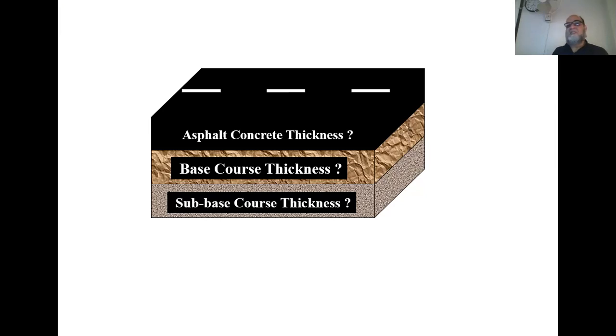Sometimes you have asphalt concrete laid directly on the aggregate base. It means the load is very low, just like a shoulder, or a common type of road, a local road, maybe the roads within rural areas connecting the farmland. That can be one case.